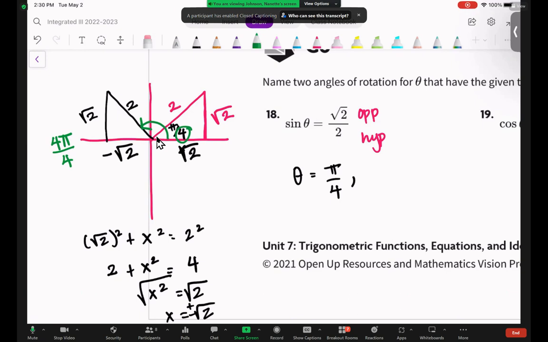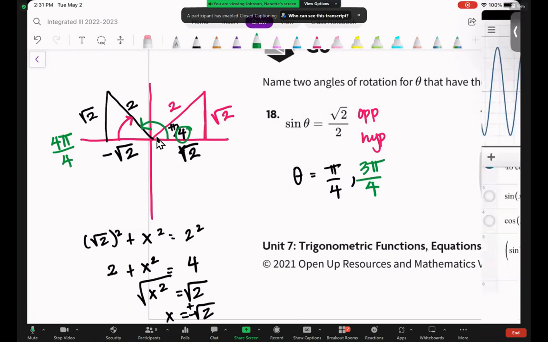So if that's 4 pi over 4 and I took away one of these slices, how much is that green theta right there? And hopefully you say, oh, Ms. Johnson, that's 3 pi over 4, because you took away a slice, right? Does that make sense? You guys comfortable with that?